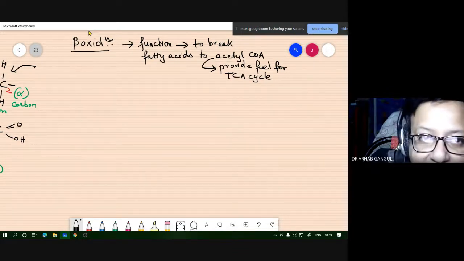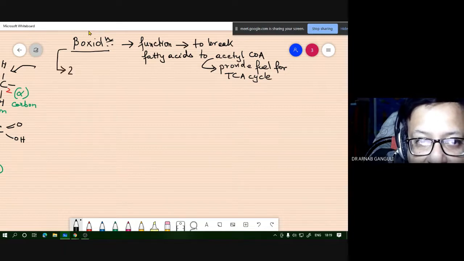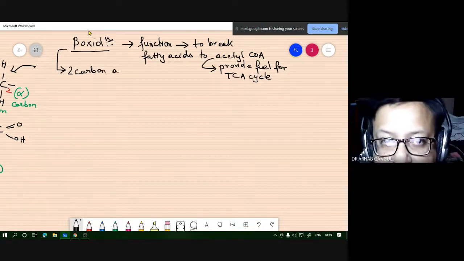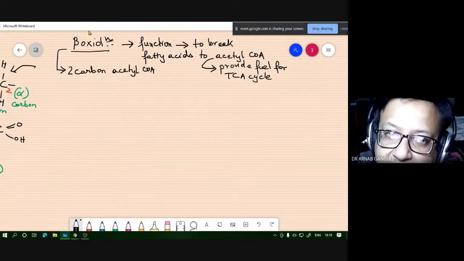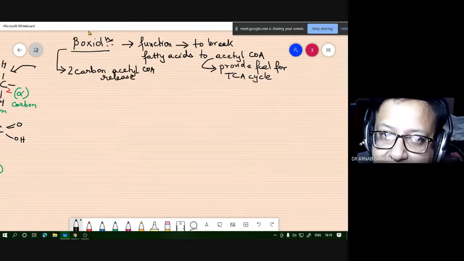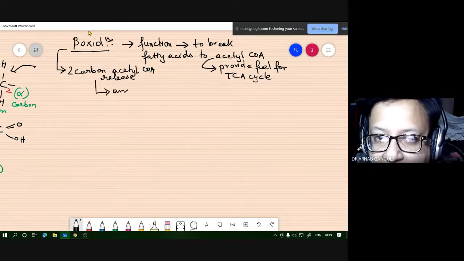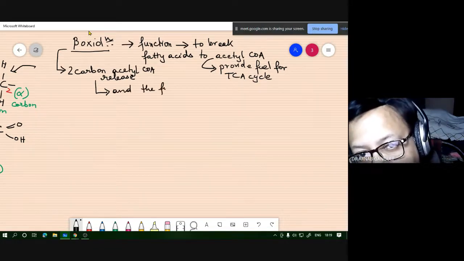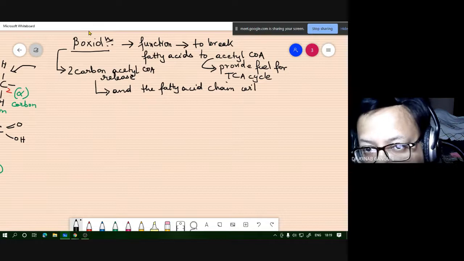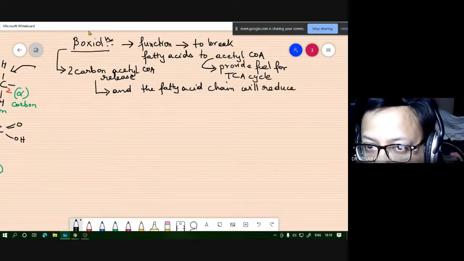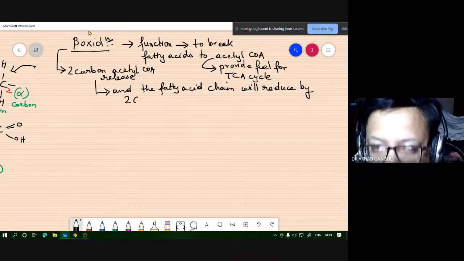So essentially, you will have 2 carbon acetyl CoA coming out, released, and the fatty acid chain will reduce by 2 carbon.